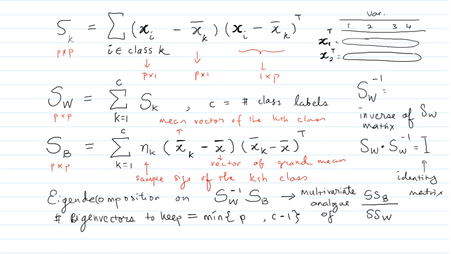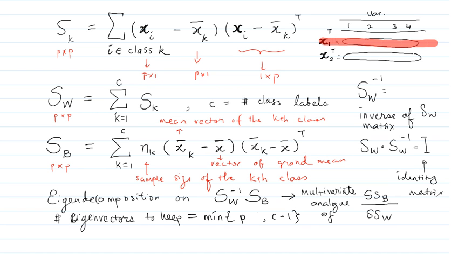sum square within, for a particular class label. So basically what happens is that you have the following. For a particular class label, you have the data vector for sample 1, right?